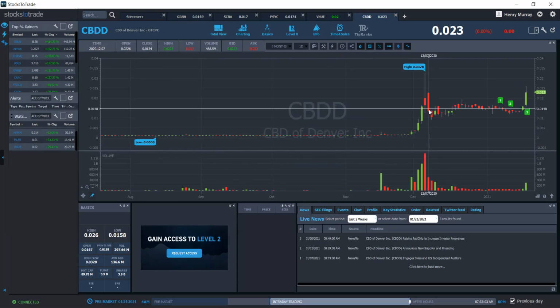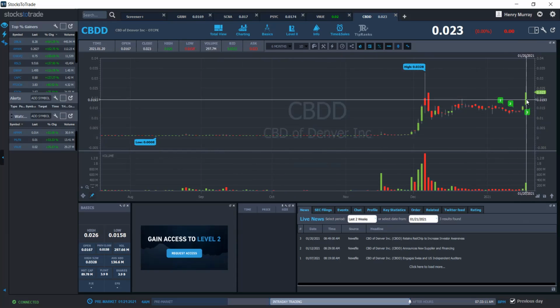And it pulled back, forming the first stair, consolidated for several weeks, had its first green day here, and it's now spiking on a second green day. I like this stair stepper, so I'll add it to my watch list. It could spike for a third day, as well as it could crash on the third day and give me a morning panic, so I could dip buy it on the bounce. And this is CBDD. Beautiful. Next stock.